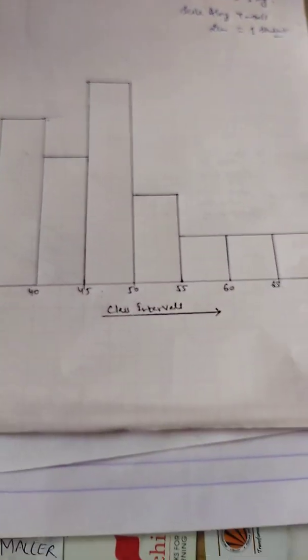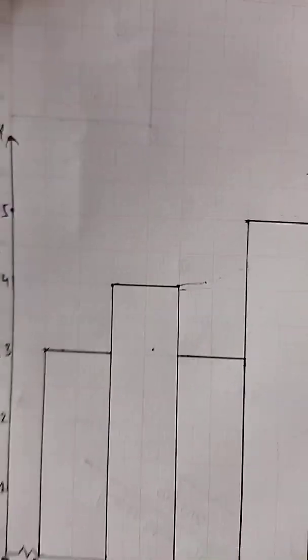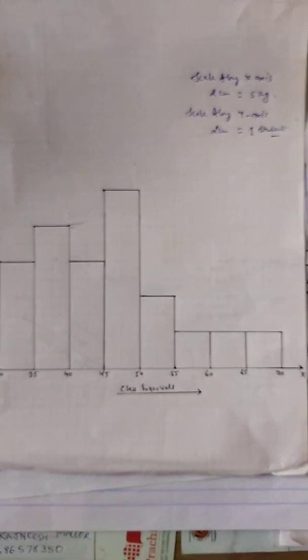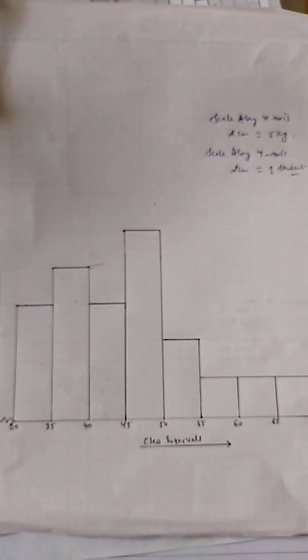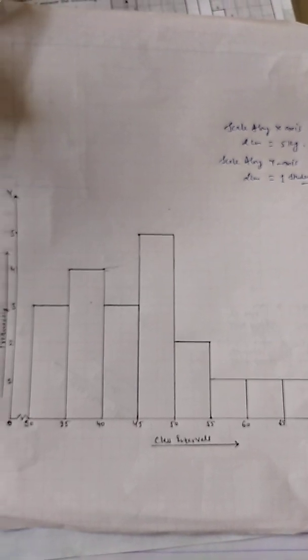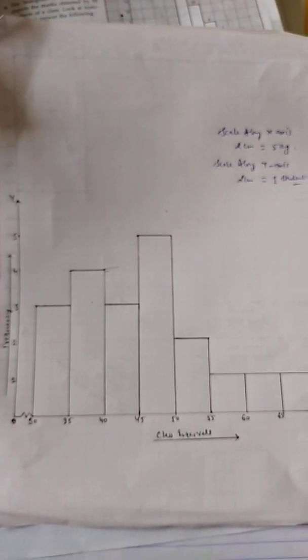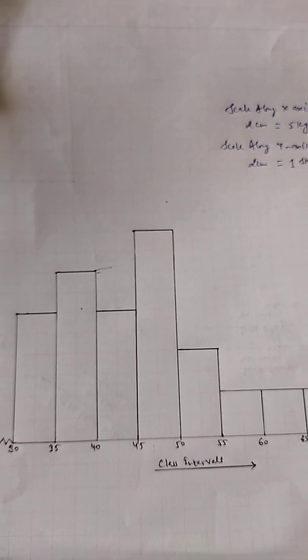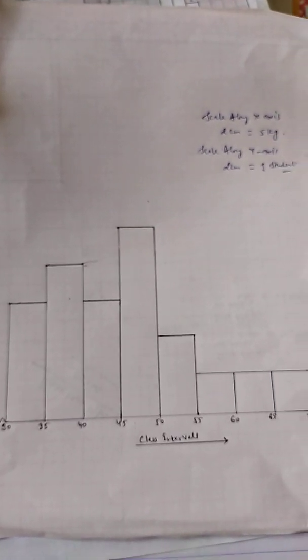In that way you can draw the histogram for question number 1. I hope the figure is very clear to you all. Have a look at how to draw it, and it is better if you use graph paper, because that is always convenient to write the scale on the graph without any difficulty.